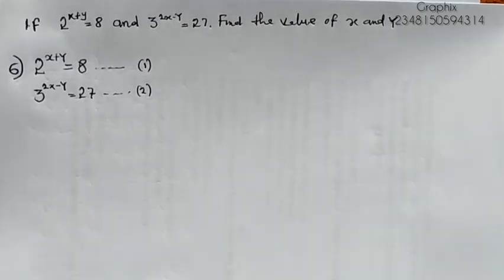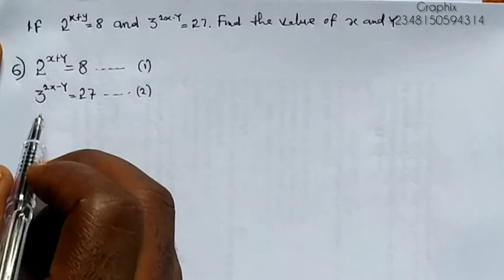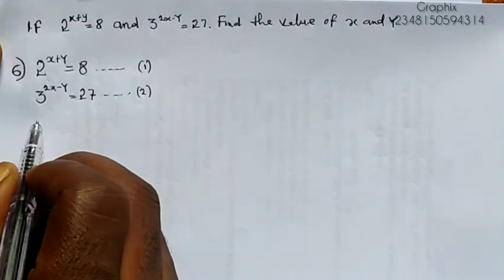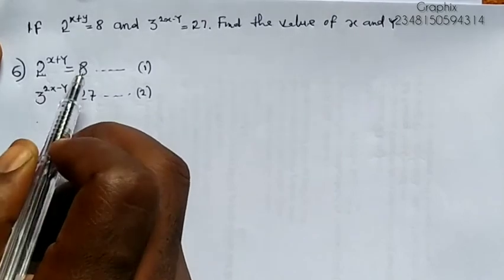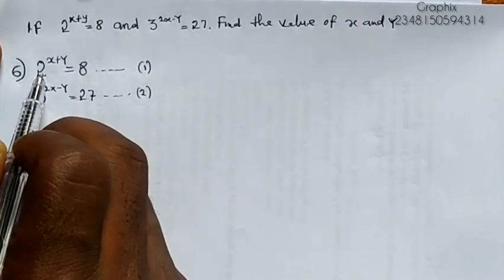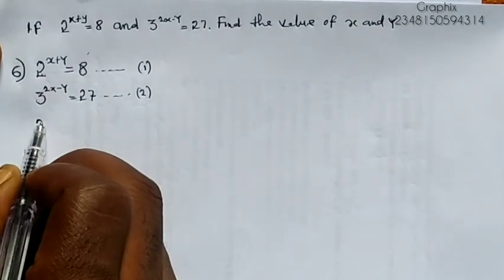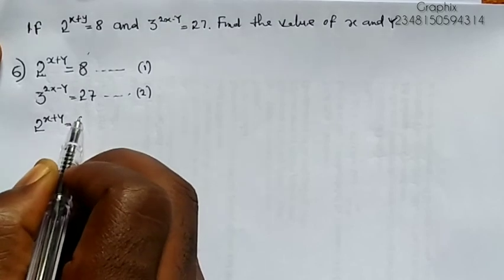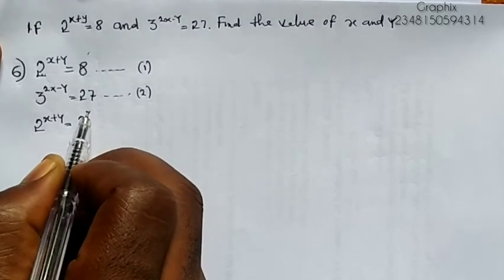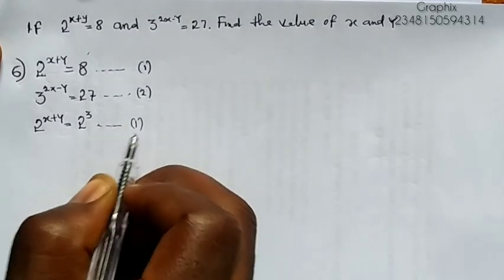If you have to rewrite this, you realize that 8 can be written as a number in base 2, which is 2 raised to the power 3. So I'll have 2 to the power of x plus y is equal to 2 to the power of 3, which gives us 8. It is still my equation 1.